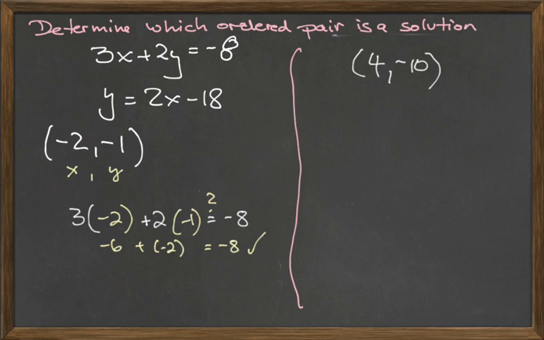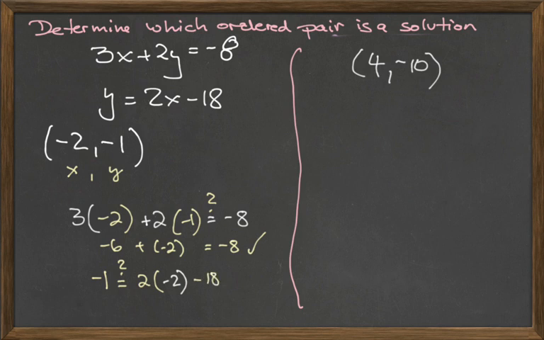So the second equation is y equals 2x minus 18. What are we plugging in for y? -1. Is -1 equal, question mark, to 2 times -2 minus 18?